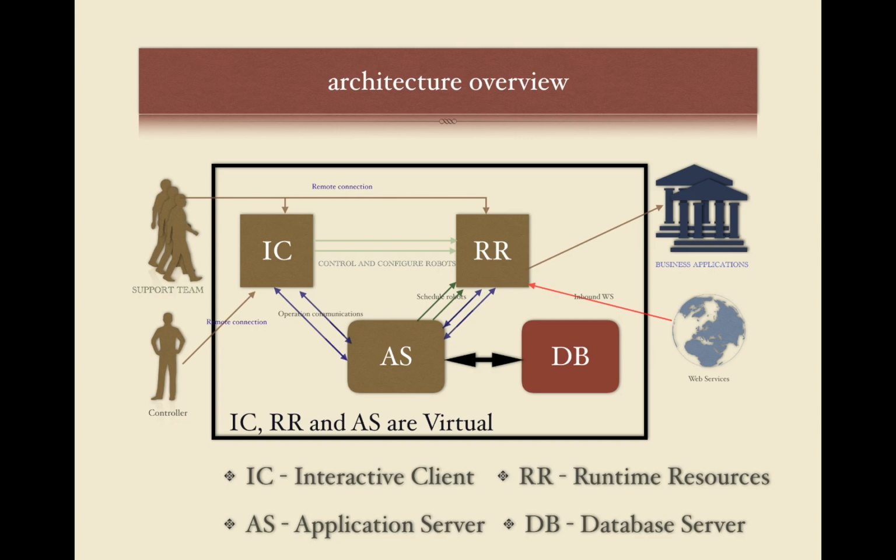Another inbound communication to the runtime resource is from external web services, which I put as a red arrow on the screen. If the runtime resource needs some data from a web service hosted on an external network, it will come via a web service.